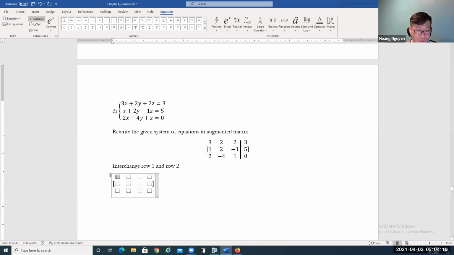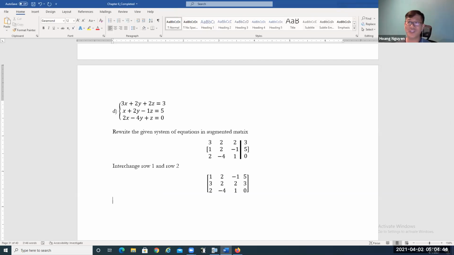Okay, so now we're going to get 1, 2, negative 1, and 5. And then row 2 now becomes 3, 2, 2, and 3. And row number 3, we're going to copy that: 2, negative 4, 1, and 0.